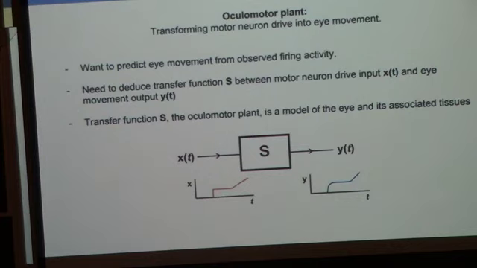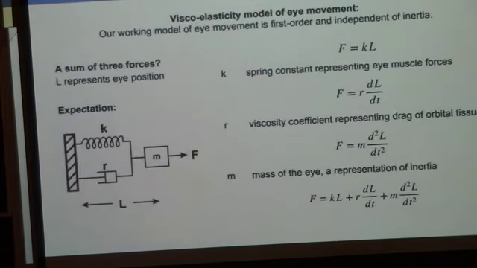And so in order to find that, you want to take into account the actual mass of the eye, because that would play a role in how the eye would actually move. You want to take into account the orbital tissues surrounding the eye, and you want to take into account the spring constant of the muscles themselves. Does that make sense?